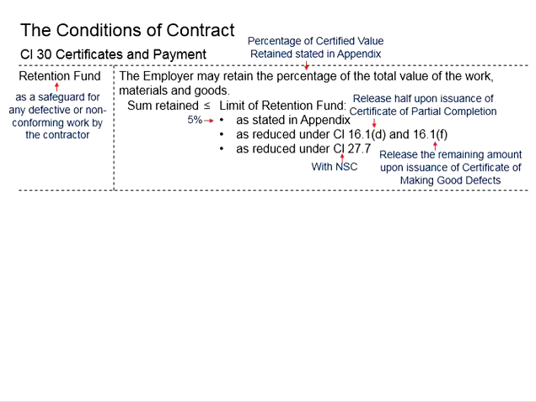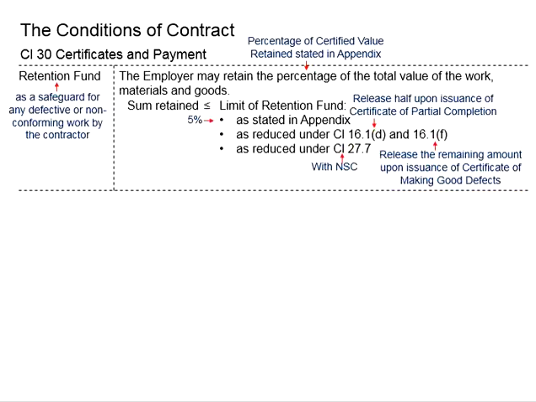The retention fund is subjected to reductions under clause 16.1d and 16.1f. This is when half of the retention fund should be released upon issuance of the certificate of partial completion, and then the remaining amount shall be released upon issuance of the certificate of making good defects.